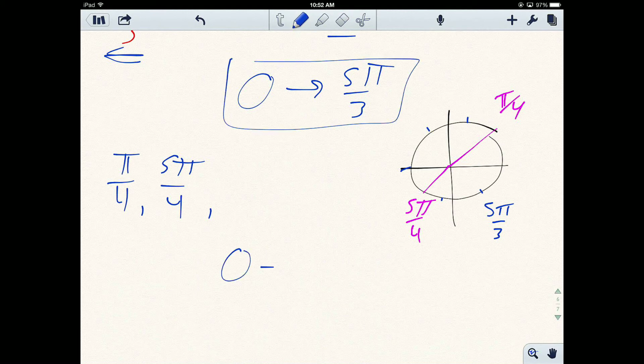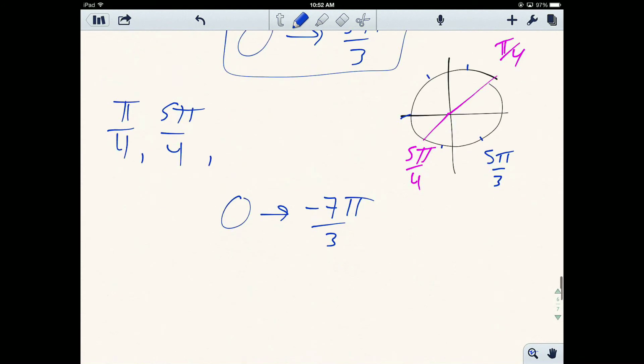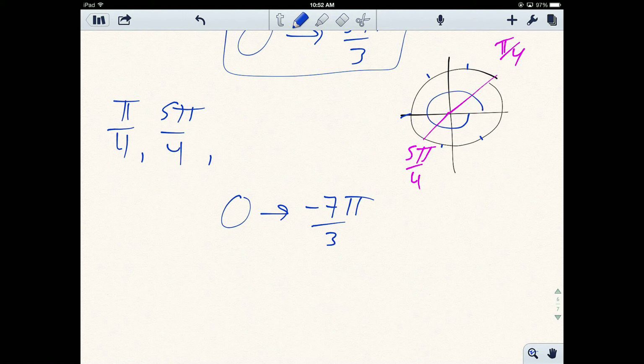Let's go from 0 down to negative 7 pi thirds. Right, that's this part. So let's find where 7 pi thirds is. If we go backwards, 6 pi thirds going backwards is here, so one more would be 7 pi thirds, there. So this is 7 pi thirds, but negative.